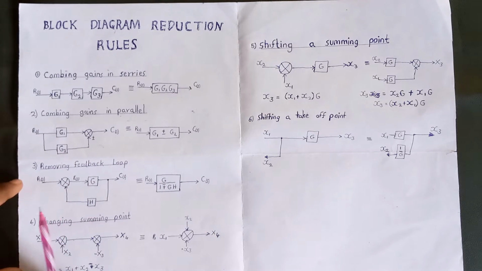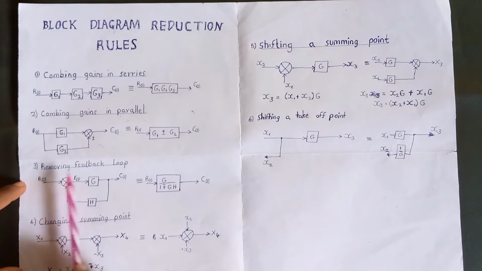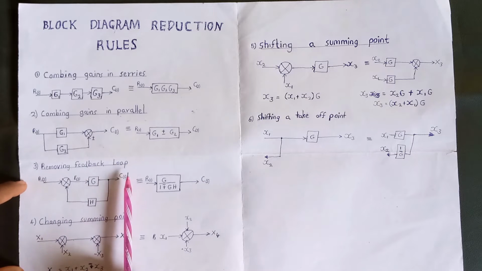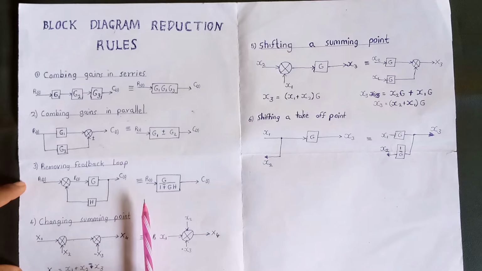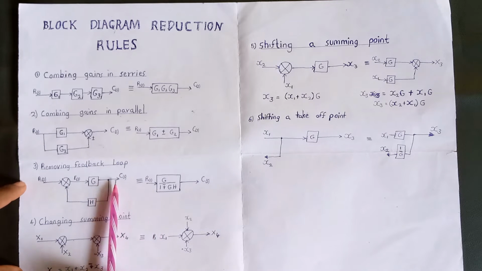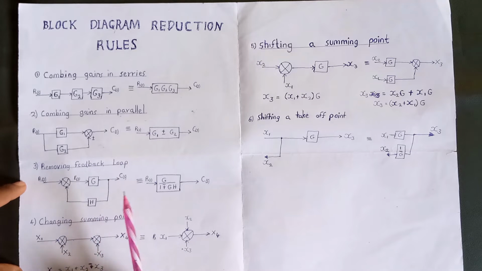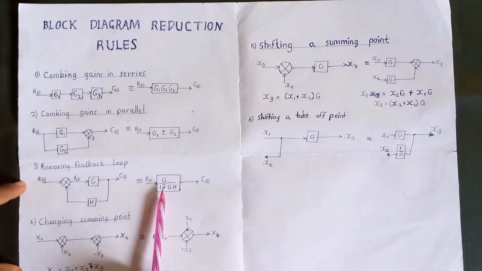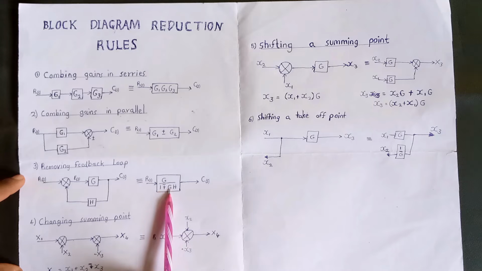Now the third rule is removing a feedback loop. When removing a feedback loop, for us to achieve the reduction in such a diagram, we'll have to get the C/R ratio, that is the transfer function, and the transfer function is got by this formula: G all over 1 plus or minus our gain of G times our feedback.